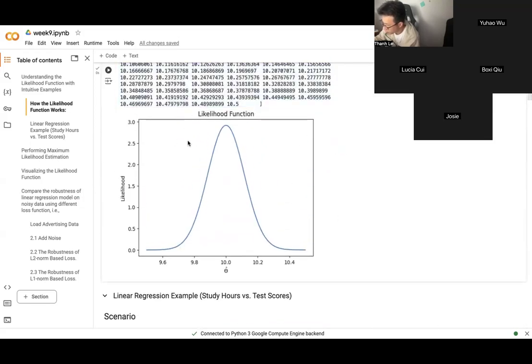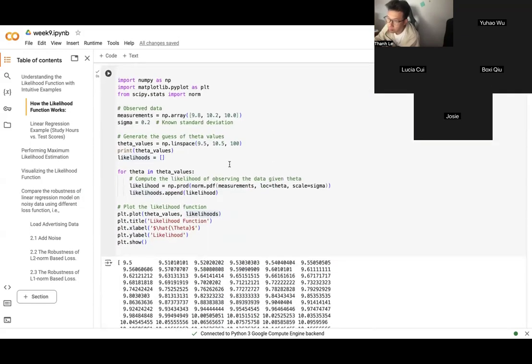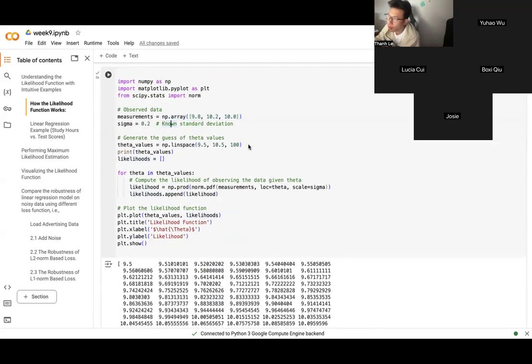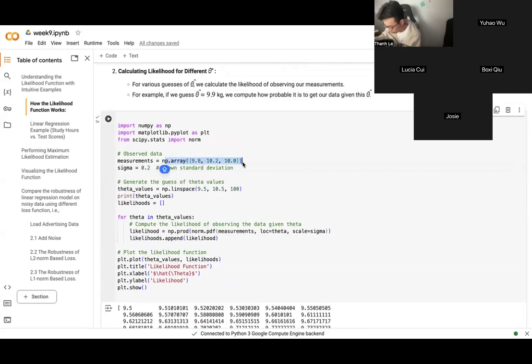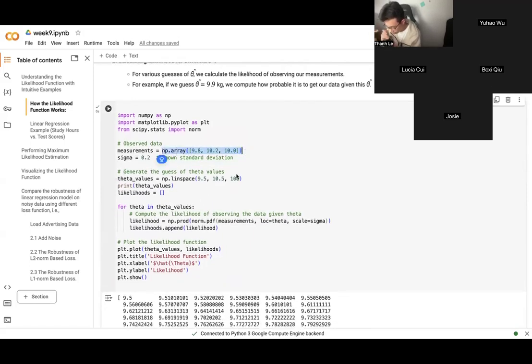So this is the final result, and using the maximum likelihood function, we choose the value which gives the maximum likelihood. So we think the best approximation of theta is 100. Based on this measurement and our maximum likelihood function, we think the true weight is 100.